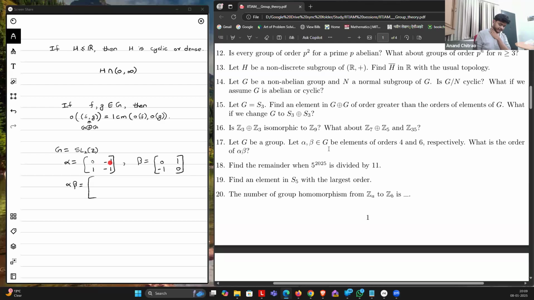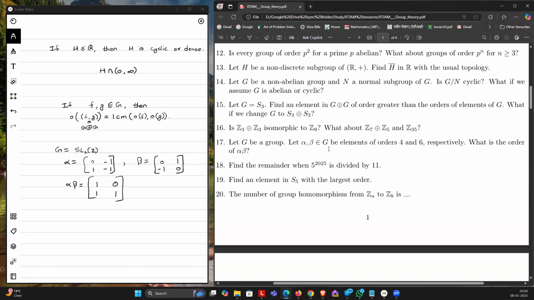What is alpha times beta? Let's compute. So (1, 0; 1, 1), right? What is the order of this element? The order of this element is infinity, right?